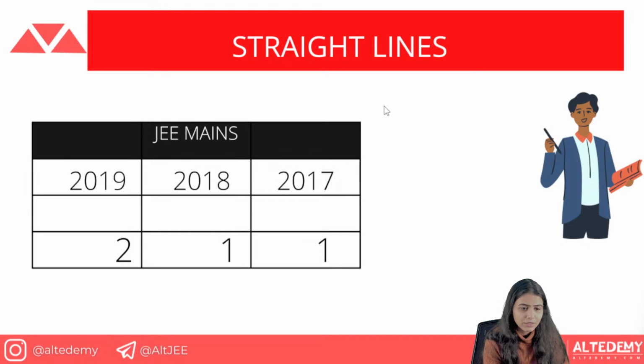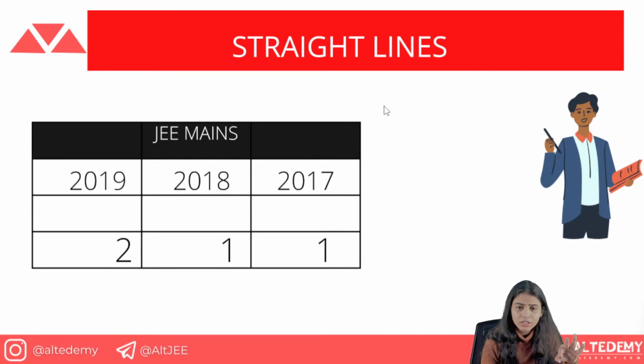The first thing that comes to your mind whenever you see any topic is whether it is going to come in JEE, and how many questions come from it. Sometimes two questions come, sometimes only one. In 2019 there were two questions, in 2018 one, and in 2017 also. Across the many shifts of papers, the counts were 1, 2, 1, 2, 1, 2, 1, 1, 1, 1, 1.